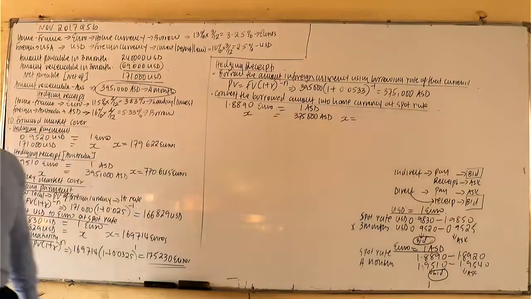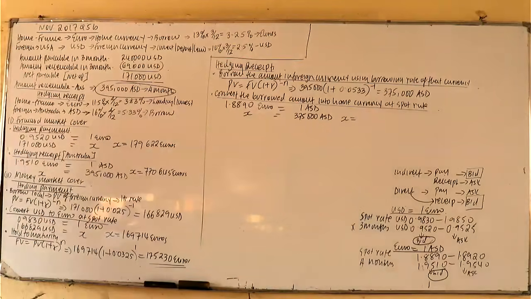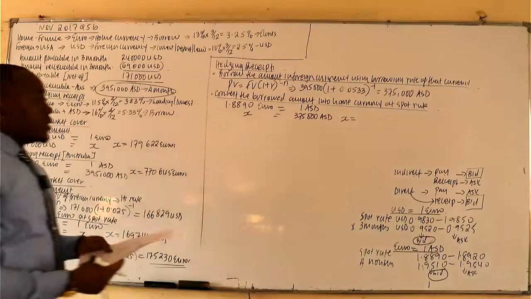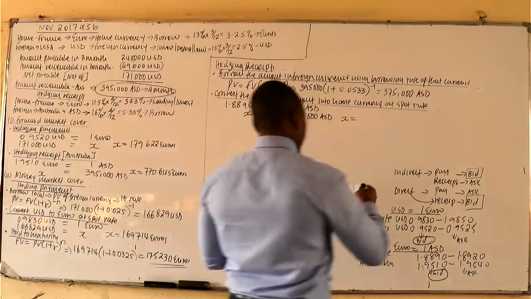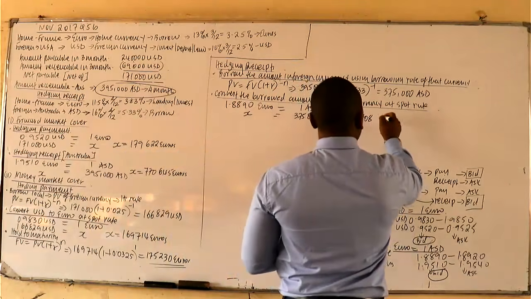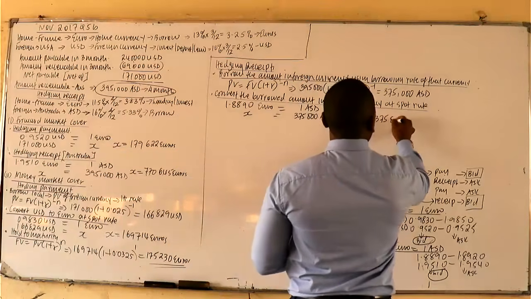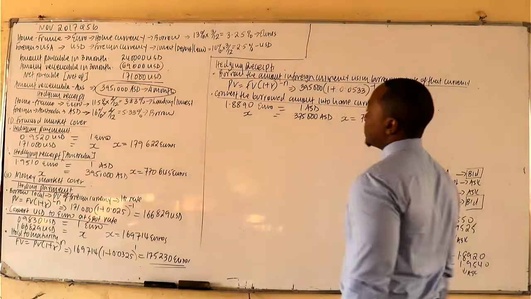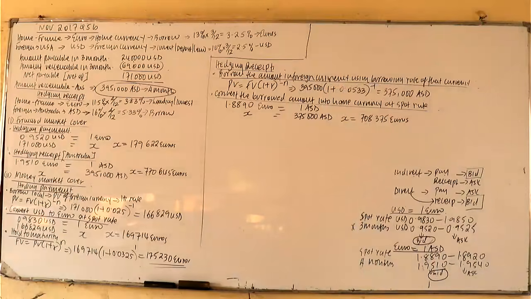So you multiply. In that case, you are getting an amount of 708,375 euros.